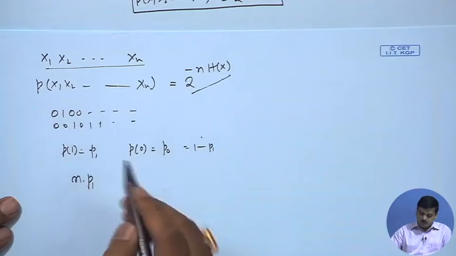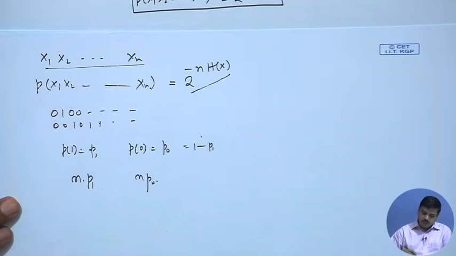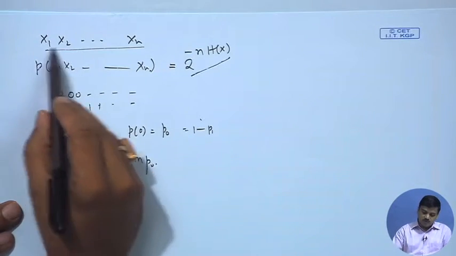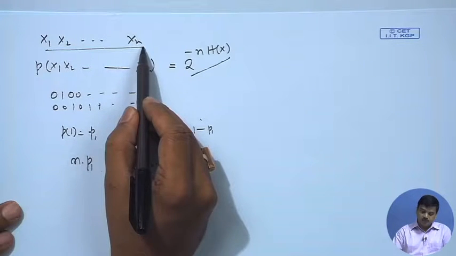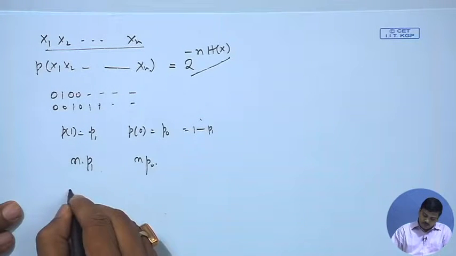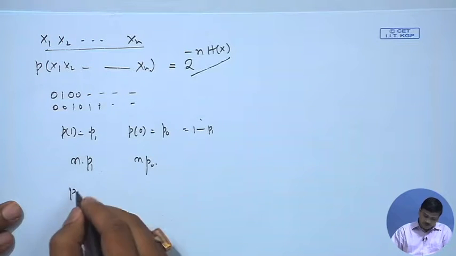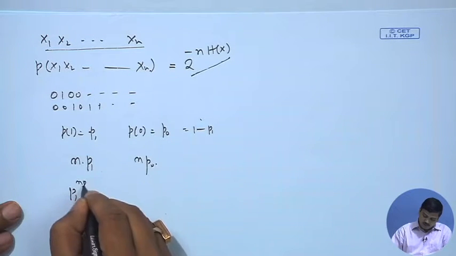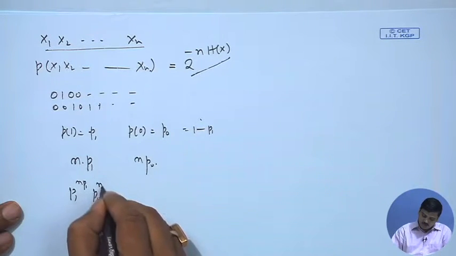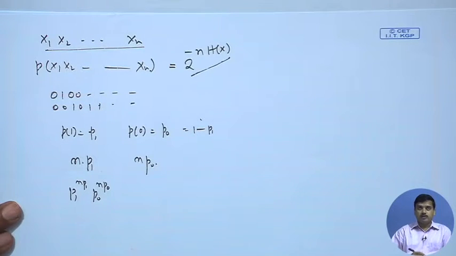The number of zeros in such a sequence is again n times p0. So if I ask what is the probability of this particular sequence, it's basically the probability of 1 raised to the power of n p1 times the probability of 0 raised to the power of n p0, because all of them are IID, right.